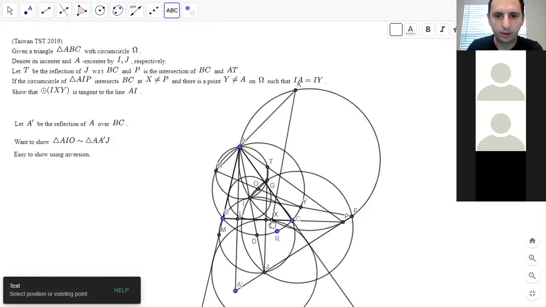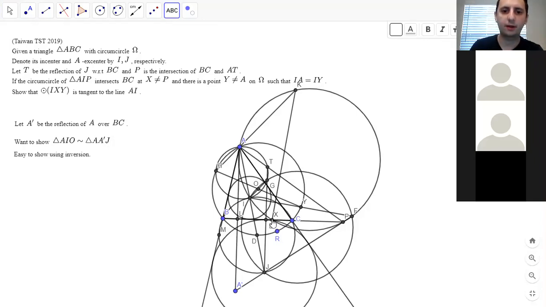So then you said something about point X, right? Yeah, then we prove that IX is parallel to AY. We do this as follows. Can you label the midpoint of AY?